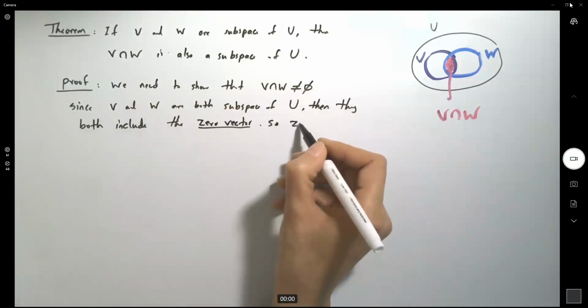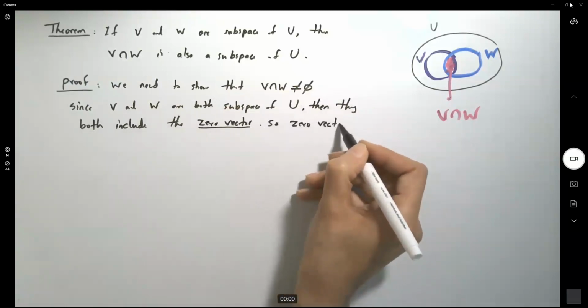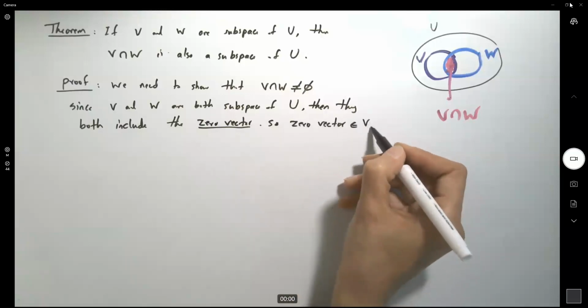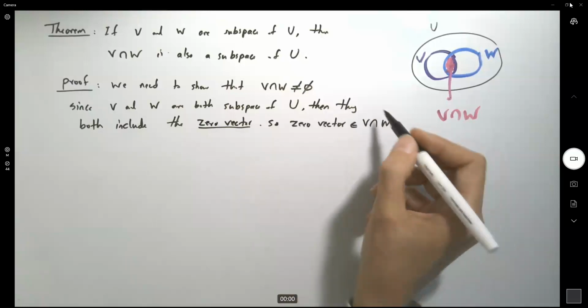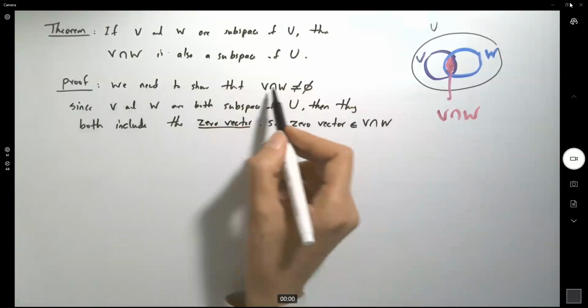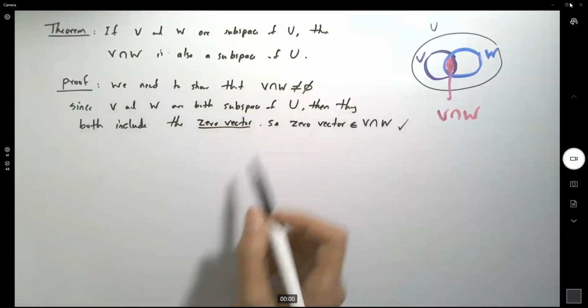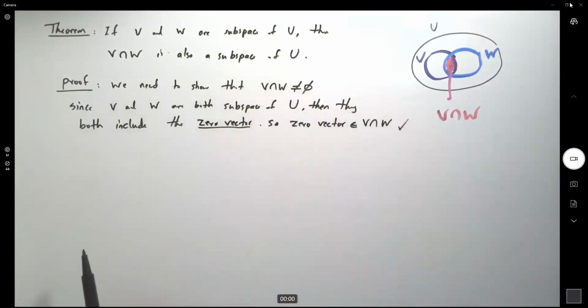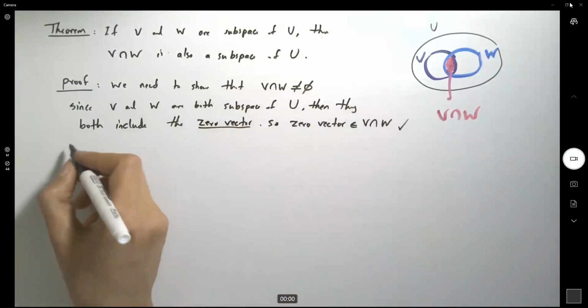So the zero vector belongs to the intersection. So for now, we're done with the intersection being non-empty. Now we need to show that it's closed under addition.